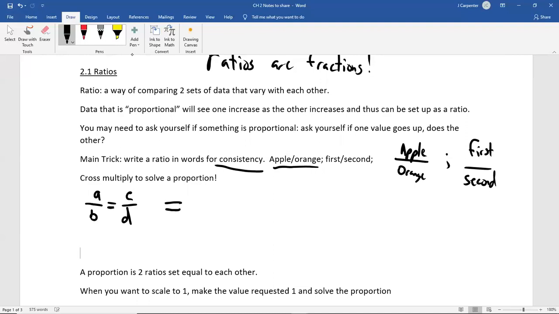So this turns into A times D equals B times C. I took the A times the D, so those two things multiplied, and then I took the B times the C, so those two things multiplied. That's what we call cross multiplying because we're crossing top to bottom, bottom to top.